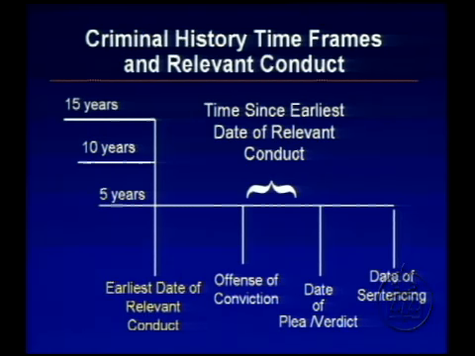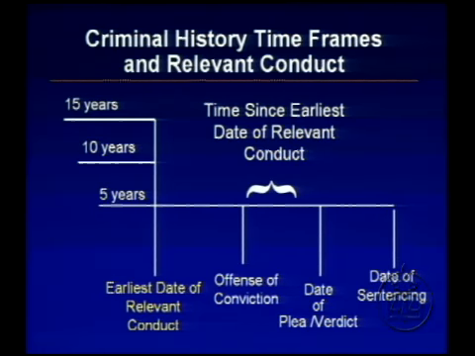As you can see from this chart, on the left-hand side are the relevant time frames, and we've already talked about these, the windows, if you will, 5, 10, and 15 years that we're counting back for prior convictions. Along the bottom of the chart are 4 dates that are relevant to the instant offense: when the offense is committed, the date the defendant enters his plea, the date the defendant goes to sentencing, and the earliest date of relevant conduct.